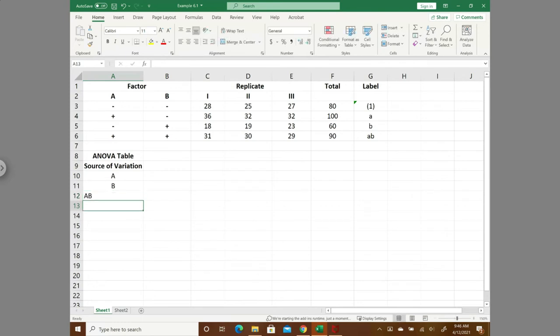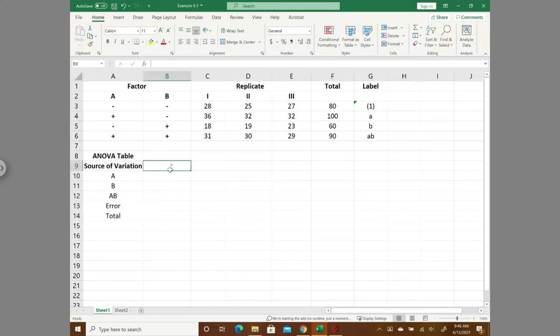AB interaction effect. This is the reactant concentration, factor A. Factor B is the catalyst. This is the interaction effect term. Then we have experimental error and the total variation. So the total variation is divided into these four things: factor A, factor B, interaction effect AB, and the error term.